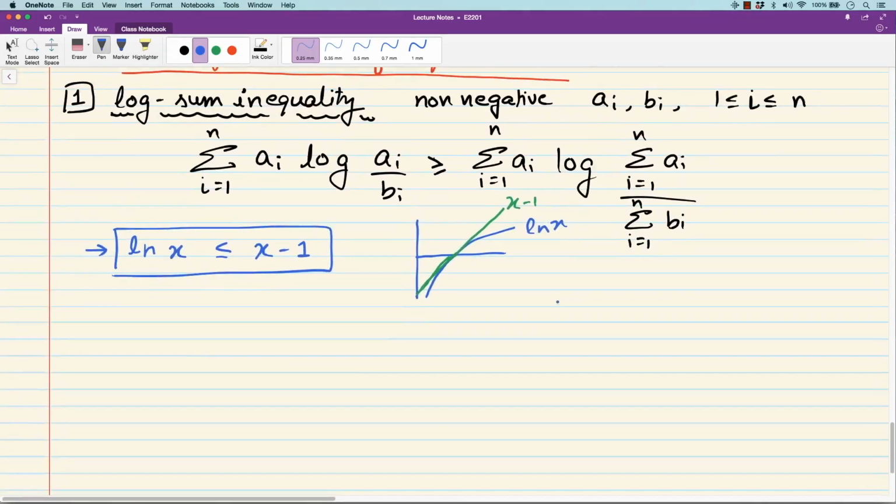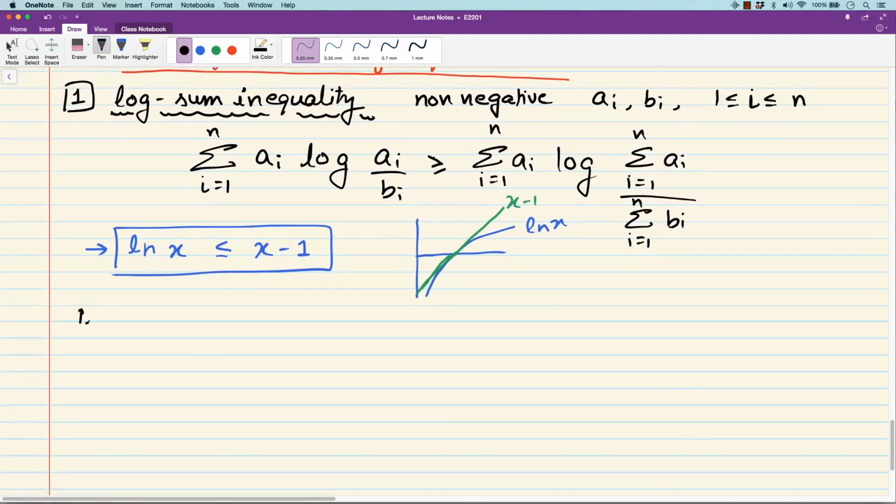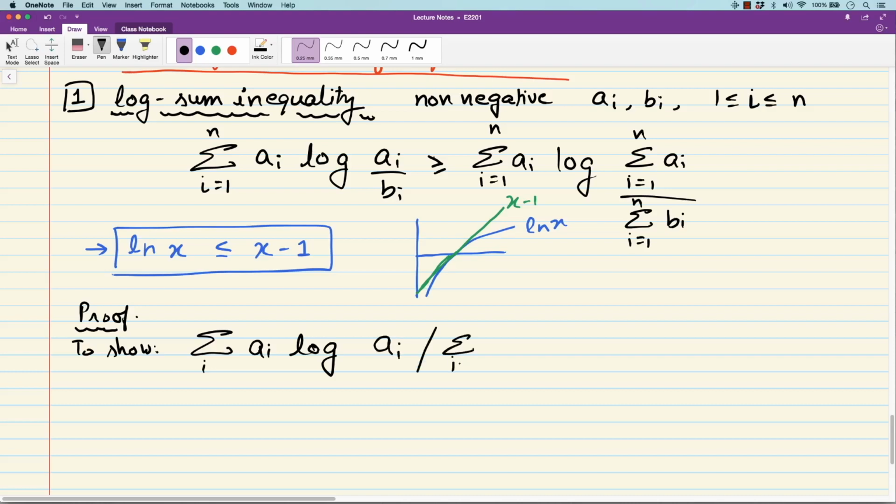How do we prove the log sum inequality? Proof. One thing we notice is that if we take the right hand side to the left side and subtract, what we are required to show is that the summation over i of a_i log of a_i by the summation over i of a_i, this is some constant sum, divided by b_i by the summation over i equal to 1 to n of b_i, is greater than or equal to 0.